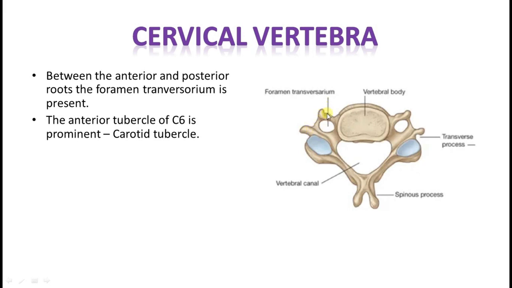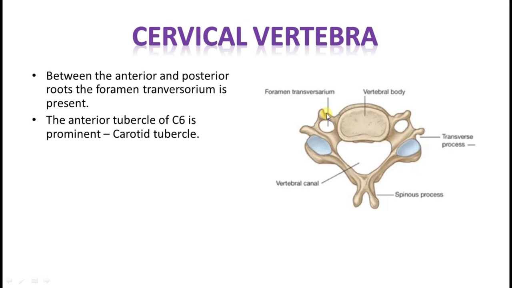Now the anterior tubercle of the C6 vertebra alone is very prominent, and you call it the carotid tubercle, against which the carotid artery can be compressed. So that is one feature of the C6 vertebra. Apart from that, it bears all the salient features of a typical cervical vertebra.